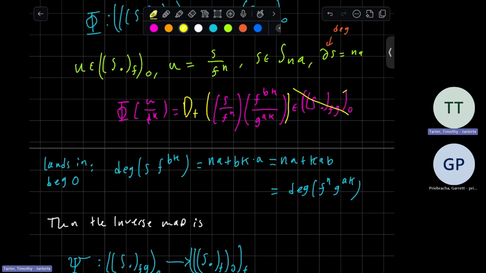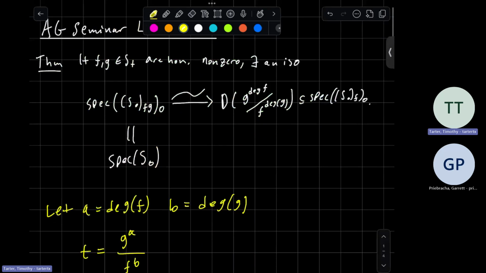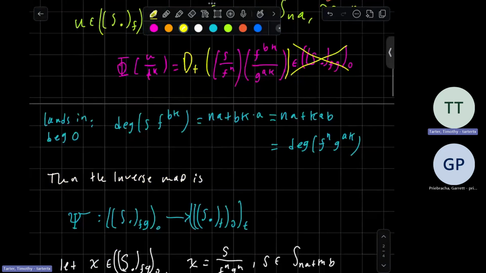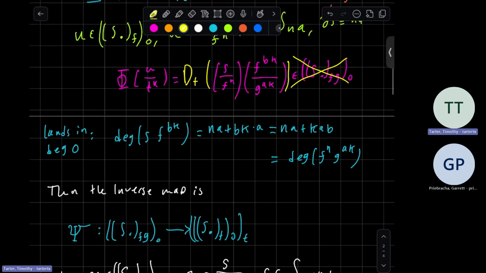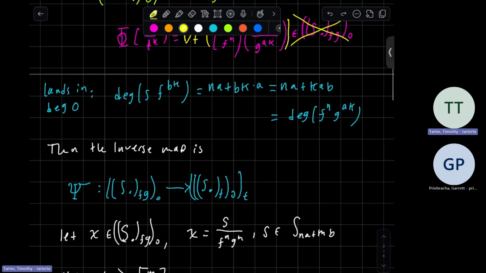It's not in there, but the inside is in there. And I think that gives us the one side. The idea is that this piece lands in the same degree as what we want.